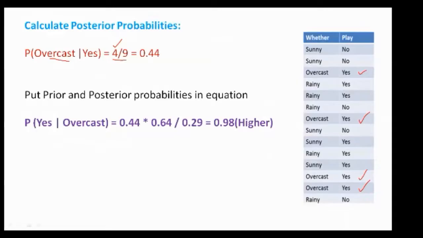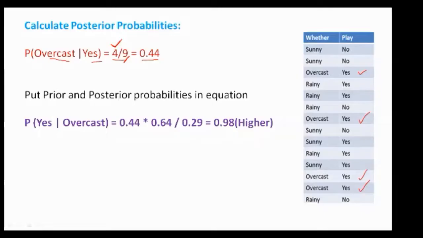So we'll divide this 4 by 9 because total number of S are 9. So don't consider 14 here. We are calculating this probability of overcast given S. So total number of S are 9, and for overcast total S are 4. So you will get this probability as 0.44.